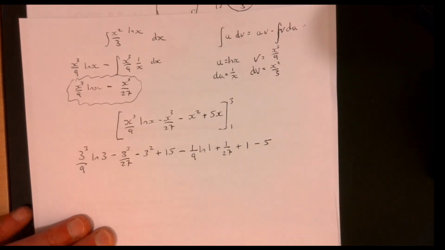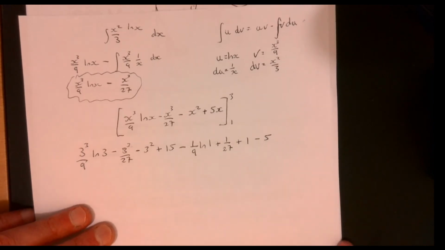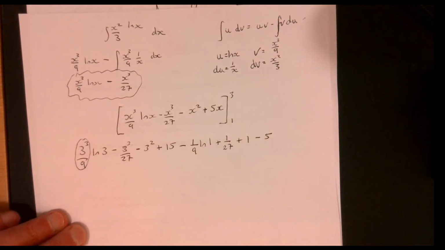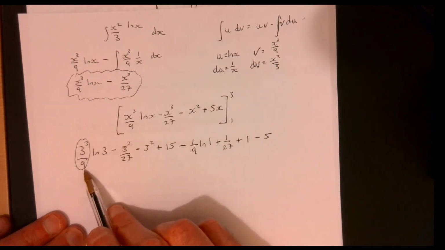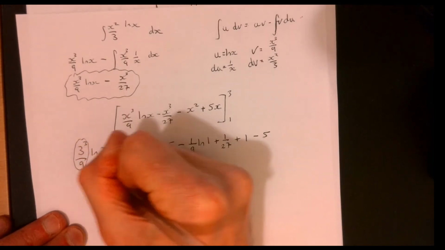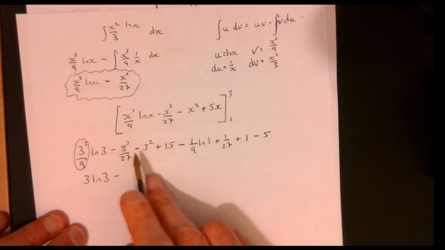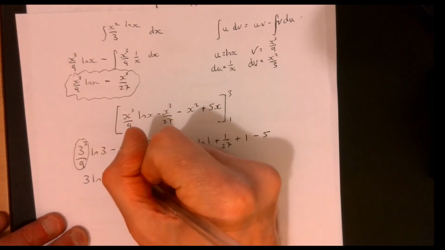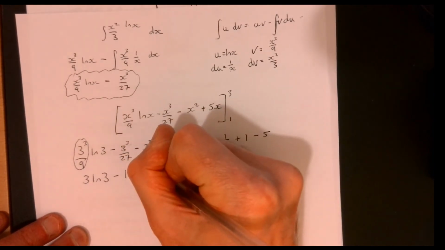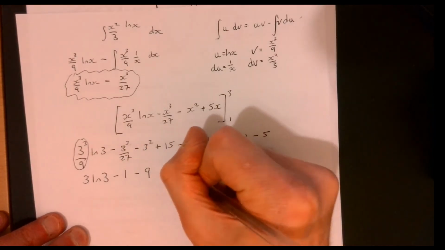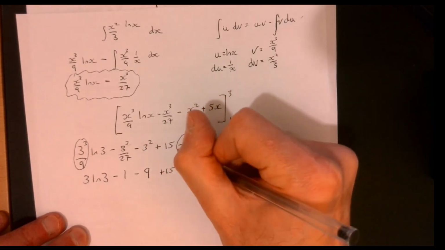Well, 3 cubed over 9, that's 27 over 9, so that's going to give me 3 ln 3. I'm going to take away 27 over 27, so take away 1, take away 9, plus 15.